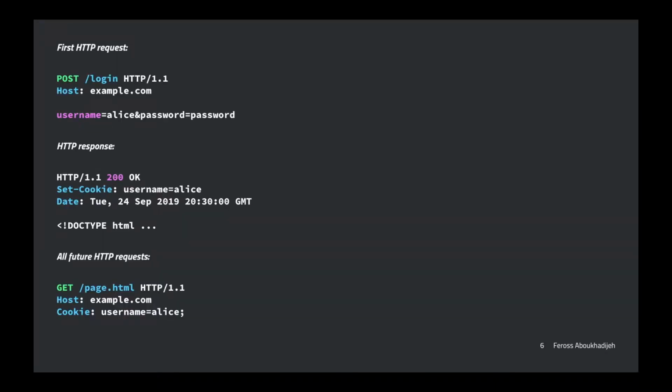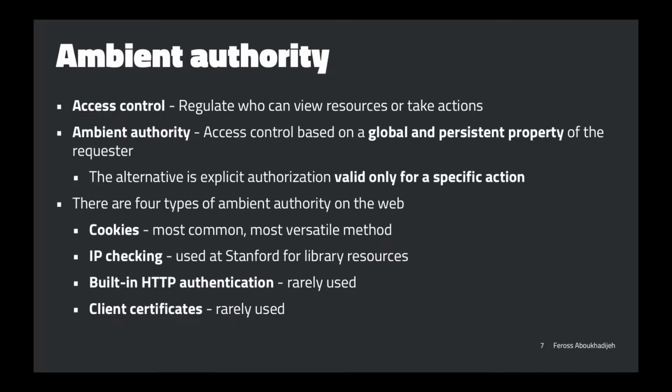The reason why this setup is useful is because the user has this cookie tacked on automatically to every request, and so they're inherently authorized. The server knows that it's them, so they can do anything that the server would allow that person to do, right? They're not constantly proving who they are via a username and password in every request. So it's called Ambient Authority.